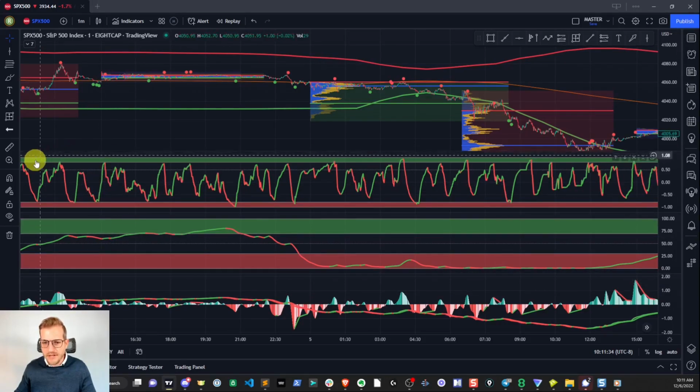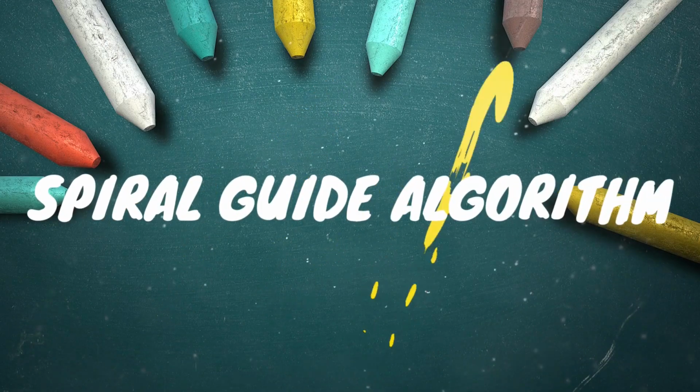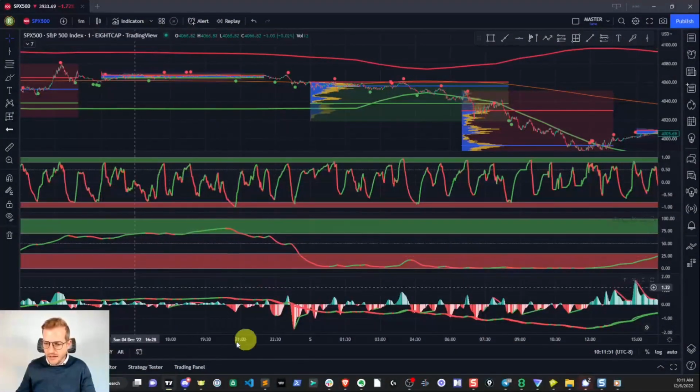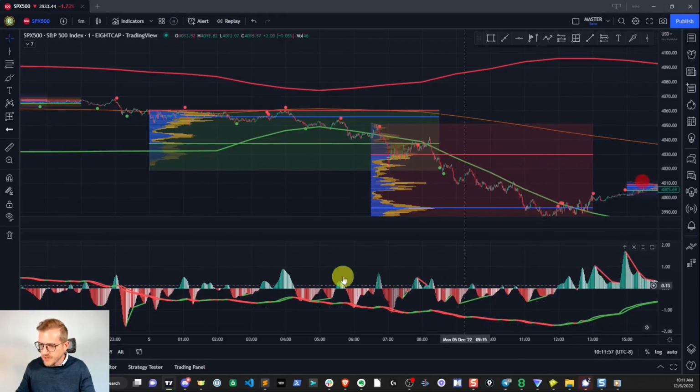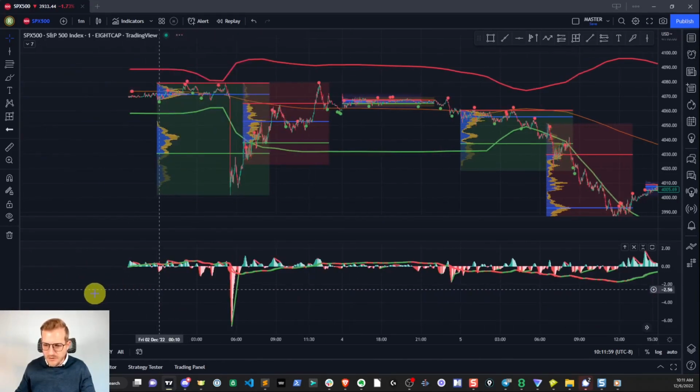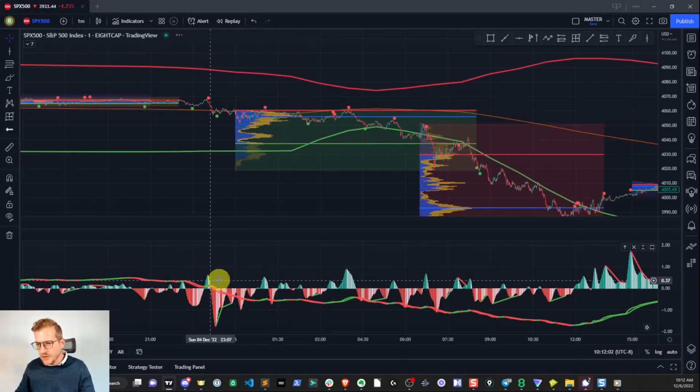Now, all three of these are actually the same indicator. These are all the SGA spiral guide algorithm, which maybe y'all don't know yet, but that is the algorithm that was developed here at PrimeIQ Labs, and that is the one that we use to basically form all of our trading decisions. And the complete algorithm is down here in this bottom pane, so we'll start there, and I'll go ahead and shrink these other ones so it doesn't get confusing. The first thing is it looks very similar to a MACD, and we did that because we want it to be easy to use and we want it to be relatable.